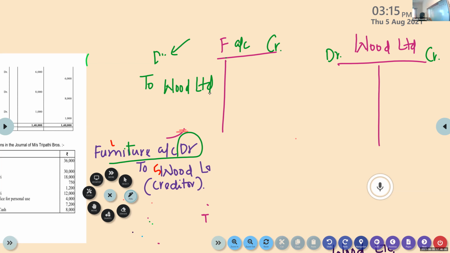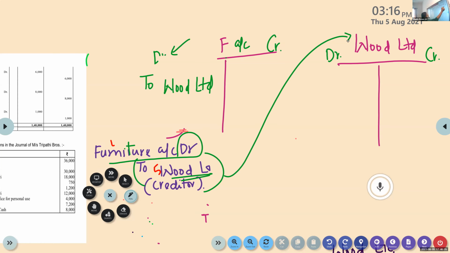Coming back to the Wood Limited account. Look at Wood Limited in the transaction. Furniture account debtor to Wood Limited. That means Wood Limited account is credited, on the credit side.